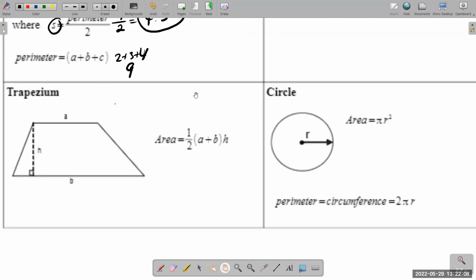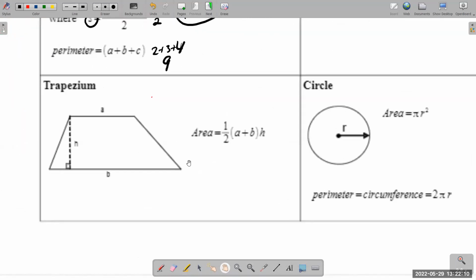So as we see here, this is a very popular shape for CXC, very popular. This formula does not come on your formula sheet, so you have to memorize it. This is the trapezium, which is a type of quadrilateral. And as we see here, we have half A plus B times H. What is A and B? A and B are the lengths of your parallel lines, and this is your parallel lines.